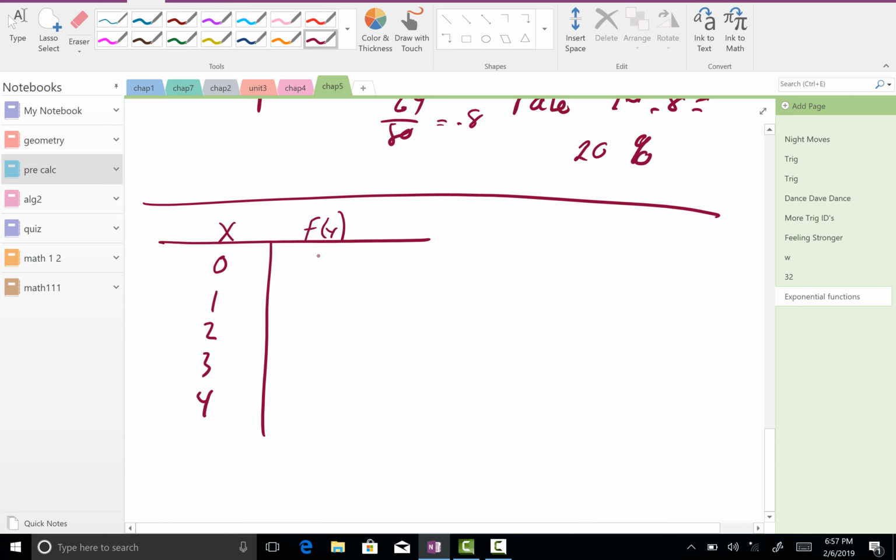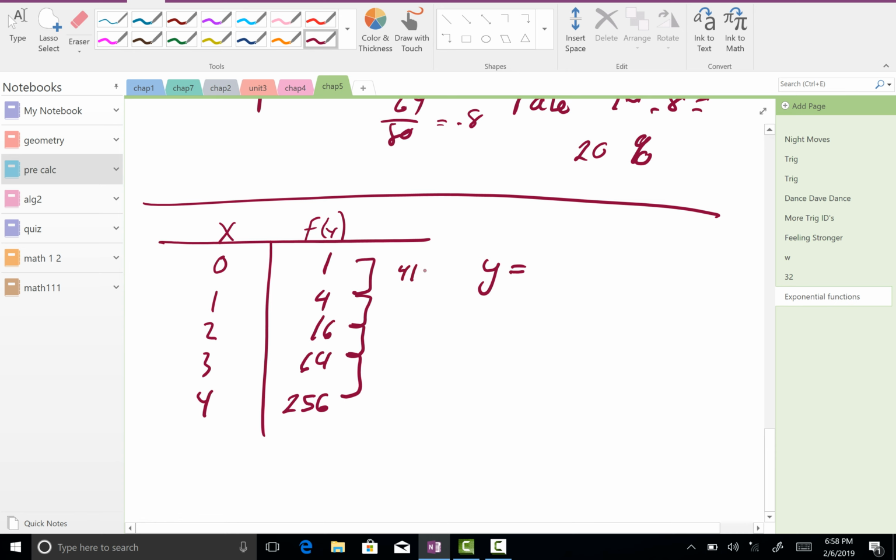So if we have some numbers like this and you don't see the pattern, even though we do see the pattern here, remember to find the exponential equation, all you have to do is divide these and it will tell you what it is.